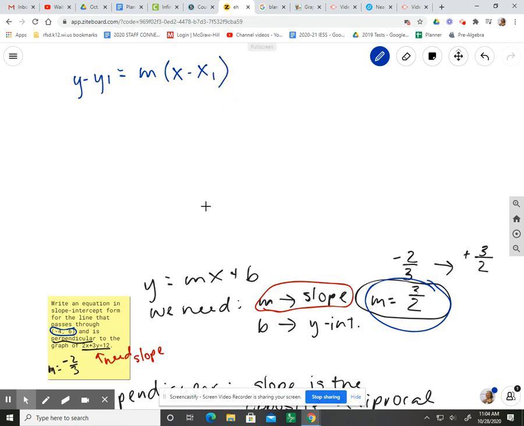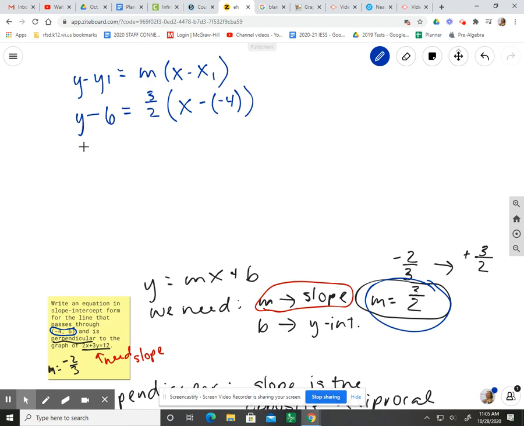We put in our slope and our point for y1 and x1. So y minus 6 equals, we said m is 3 over 2, times x minus negative 4.